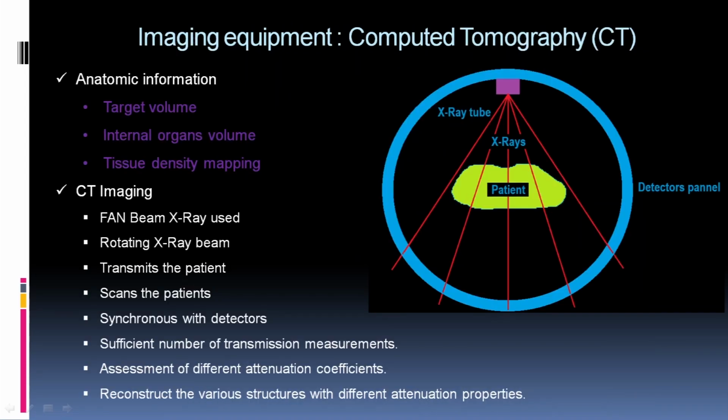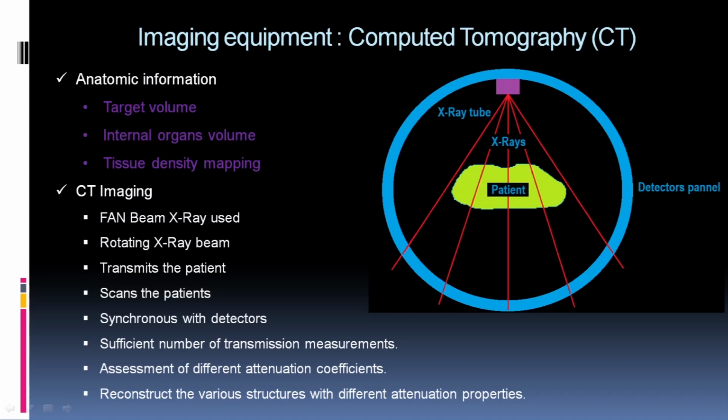Now coming to computed imaging equipment, which is very popular. You all know about computed tomography. By X-ray we only get two-dimensional images of the patient, but we do not have any idea of target volume, or we need some anatomic information. So we need internal organ volume information, and we also need the tissue density mapping of the patient body, what type of tissue constructs the patient body.